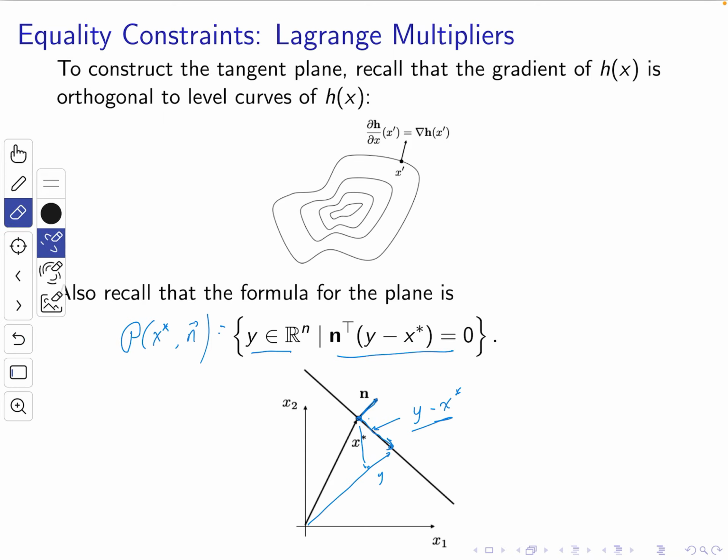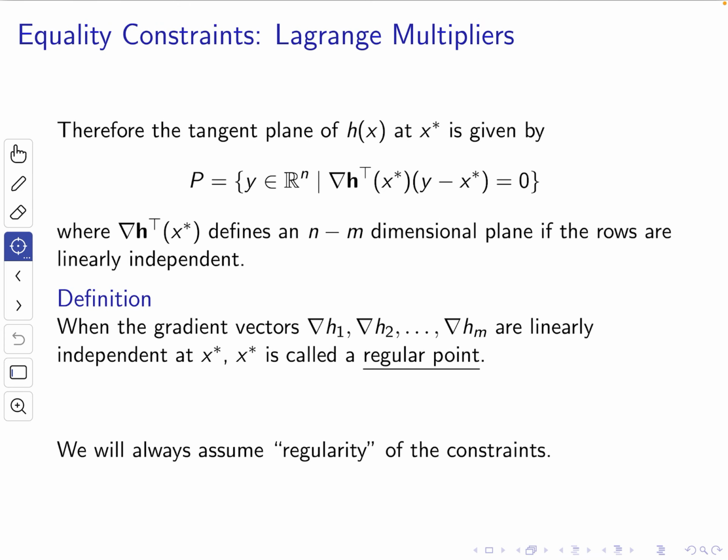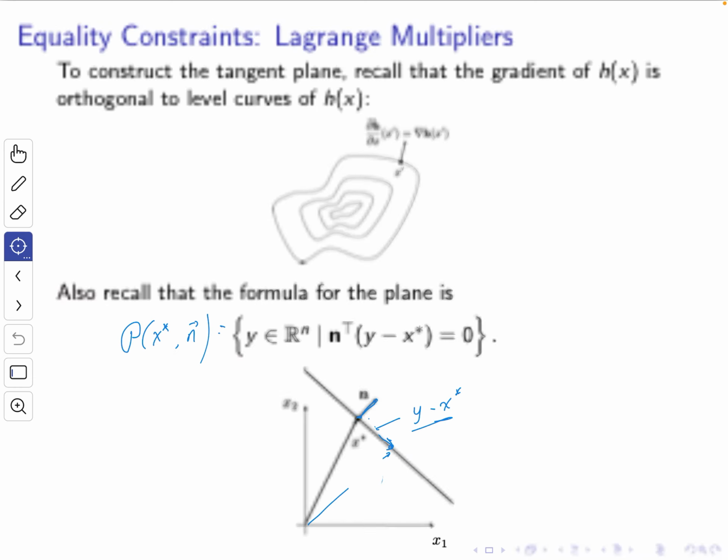So the tangent plane is this set of all y's so that y minus x star is orthogonal to this vector n. Okay, so what is the tangent plane of h at x star?